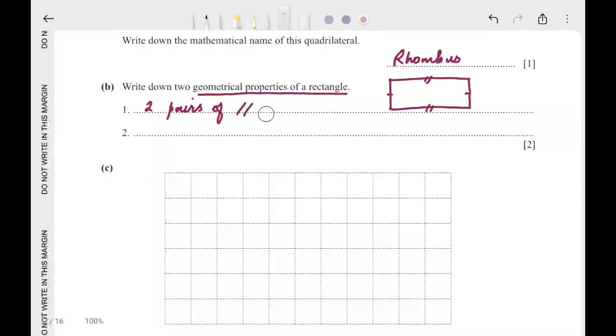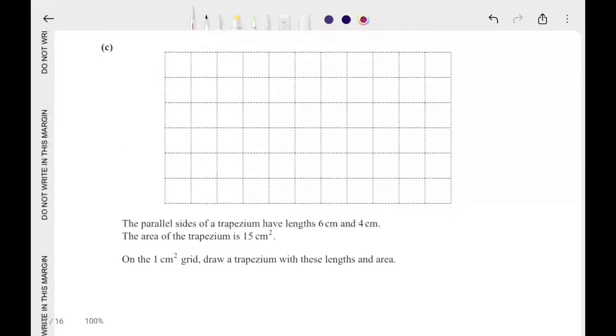And the 4 angles are equal to 90 degrees.